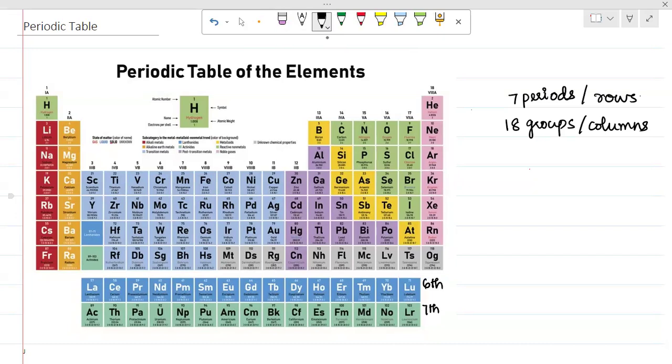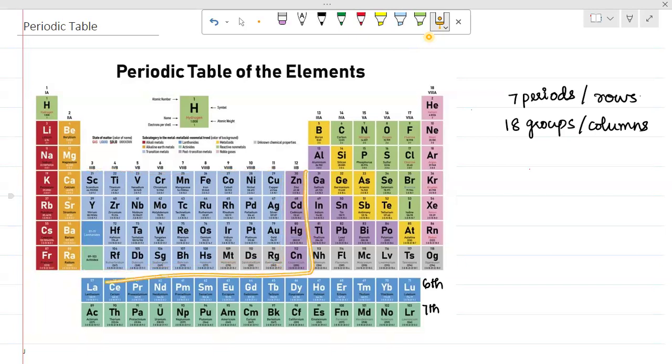If you can see, each period has a certain number of elements and they are again divided into certain blocks. The first two are called the S block elements. Then from this element to this element, these are the D block elements. You have to include zinc as well.